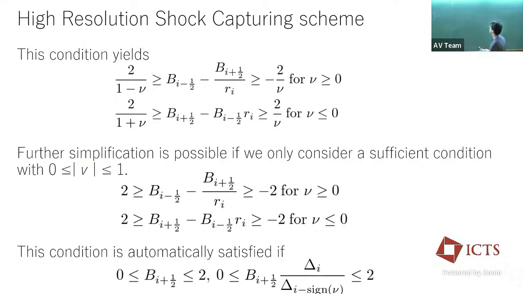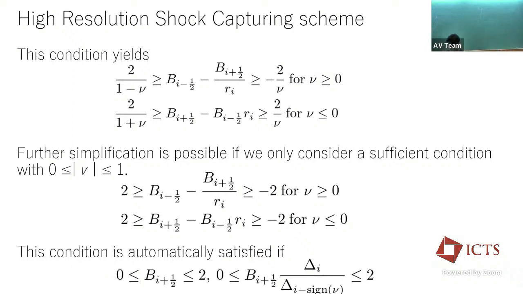Right. So the negative value of R_i means that if you plot u as a function of x, something like this, here is i, here is i minus 1, here is i plus 1, the sign of the slope here and here is different. Which means that you make an oscillation.